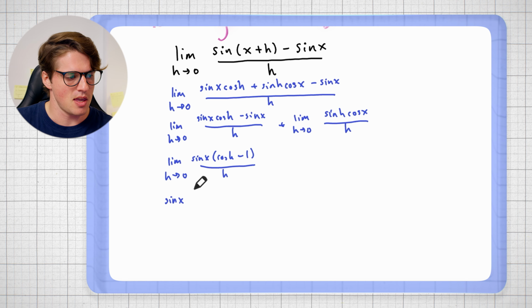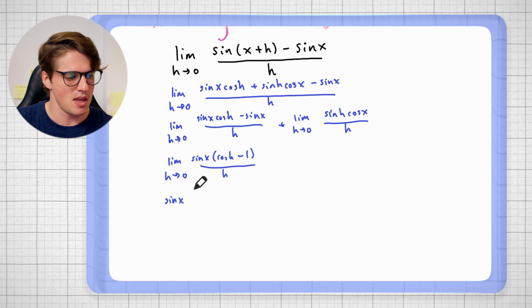Cosine squared h minus 1, we can use the identity for sine squared h plus cosine squared h equals 1. The Pythagorean identity is sine squared h plus cosine squared h equals 1. So if we move this around, cosine squared h minus 1 is the same as negative sine squared h.